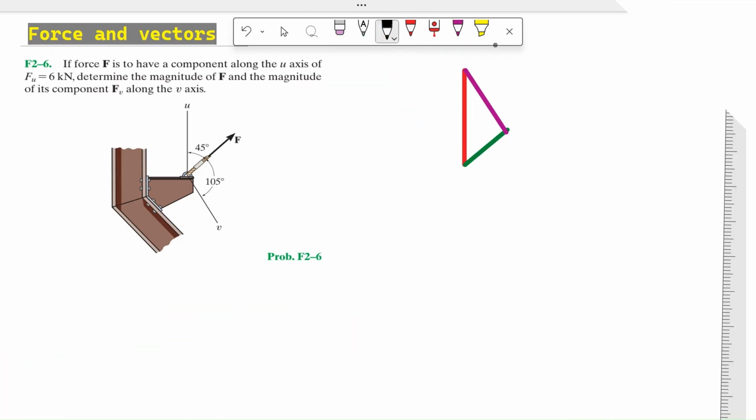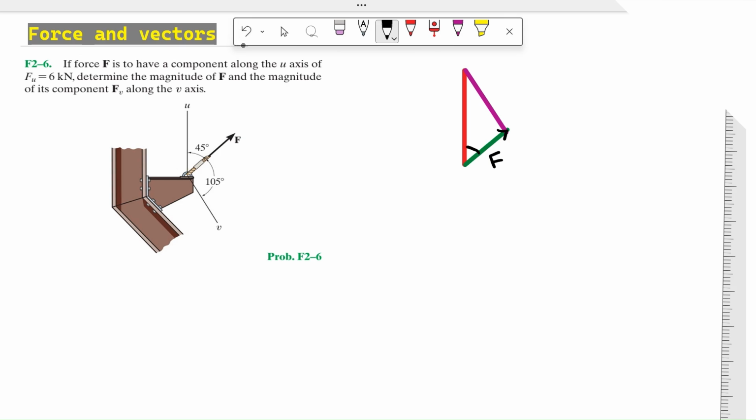Here I have drawn the correct triangle. This side is parallel to the resultant force F, and the angle between this resultant force and the straight U axis is 45-degree.